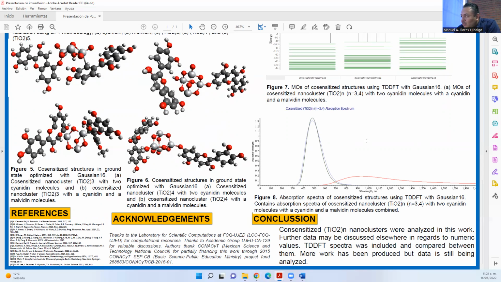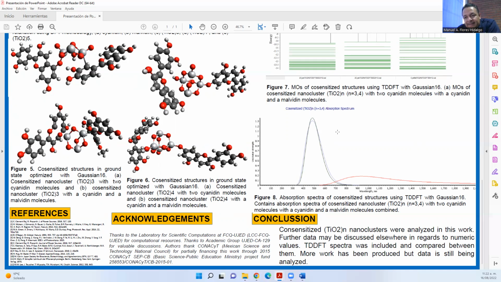On the other hand, when we have 2 different nanoclusters, the 3-unit and 4-unit, we have a very similar spectra. We have almost the same peak. However, there are very slight changes in this spectrum.